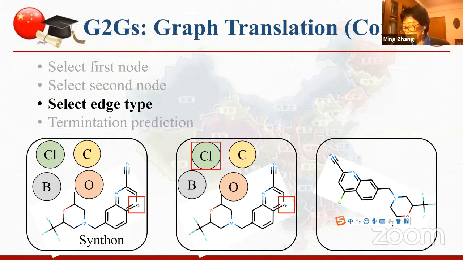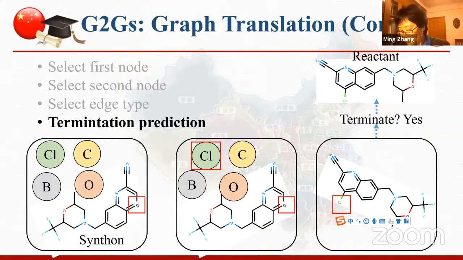After 2 nodes are selected, the model selects the edge type for the edge between these 2 nodes. Note that if the second node is an isolated node, it corresponds to adding a new node to the current synthon.